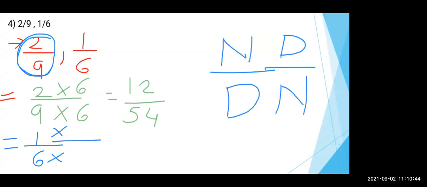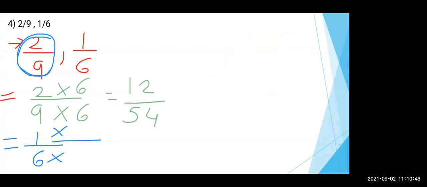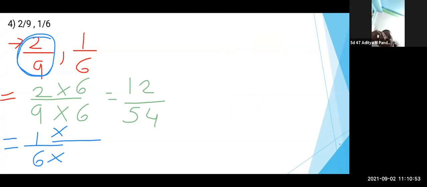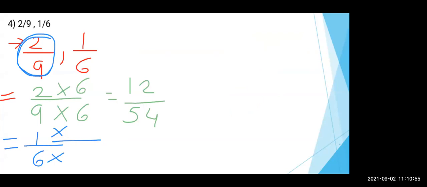Whether it is right? Is 2 or 9 the denominator? 9. Then you told 2 is denominator and 9 is numerator. So be concentrate on what I am teaching. So we should multiply this by 9. Clear? Okay, now.